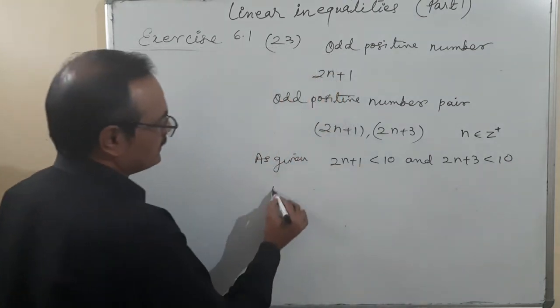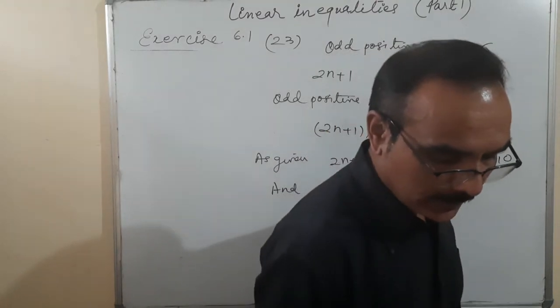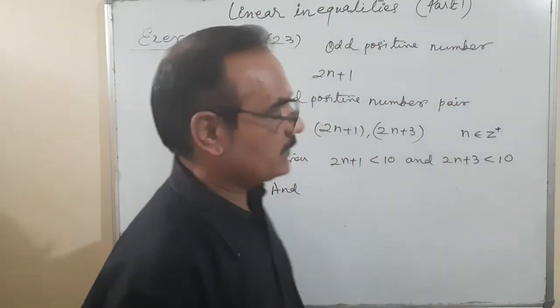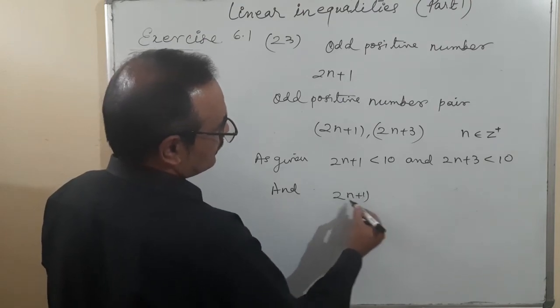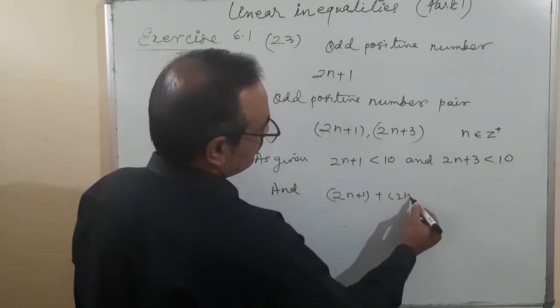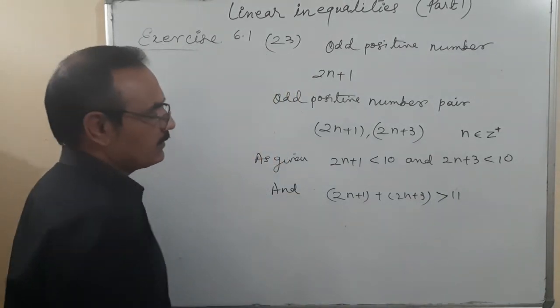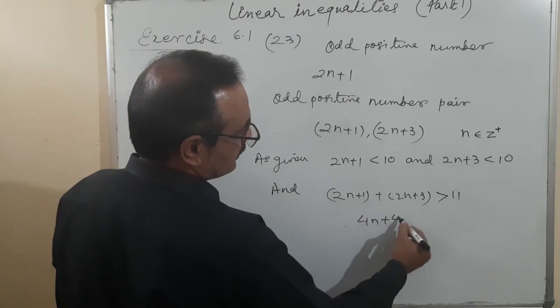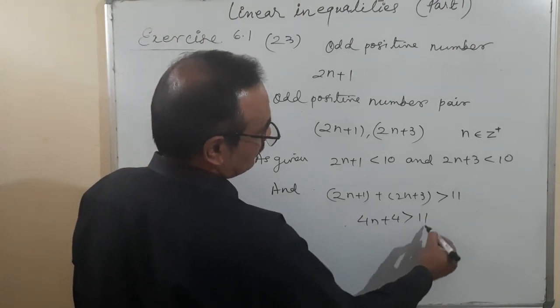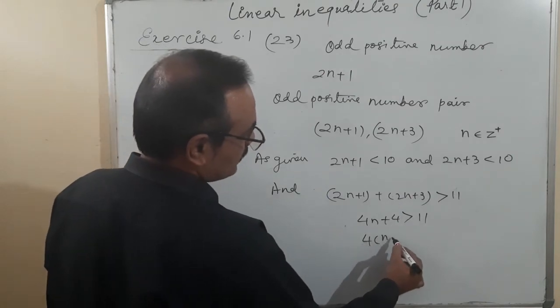And the second condition: their sum is more than 11. So 2n plus 1 plus 2n plus 3 is more than 11. So 2n plus 2n, 4n plus 4, is more than 11.